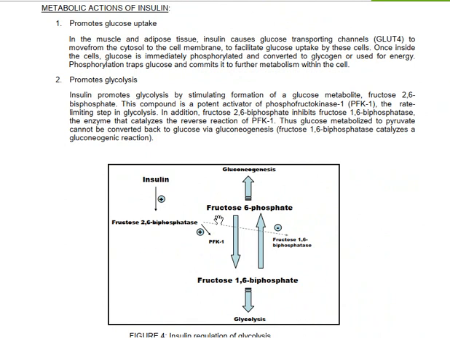Is it clear? Now fructose 2,6 bisphosphate inhibits the fructose 1,6 bisphosphatase and stimulates the conversion of fructose 6-phosphate to fructose 1,6 bisphosphate.